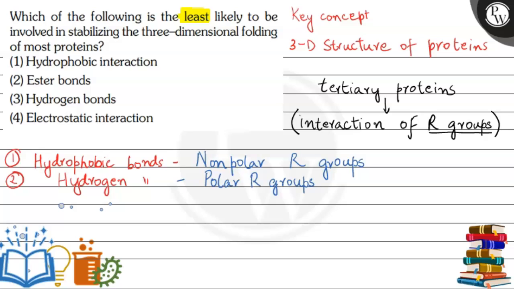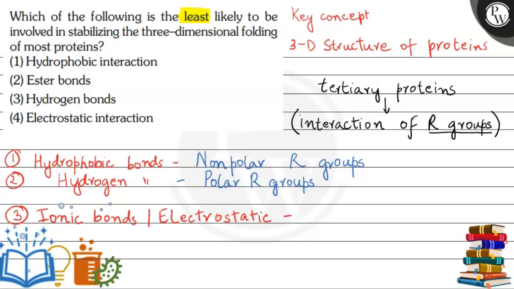Now, the third type of bond which is present in the tertiary structure of proteins is the ionic bonds or the electrostatic bonds. So these electrostatic bonds are formed between the charged amino acids.